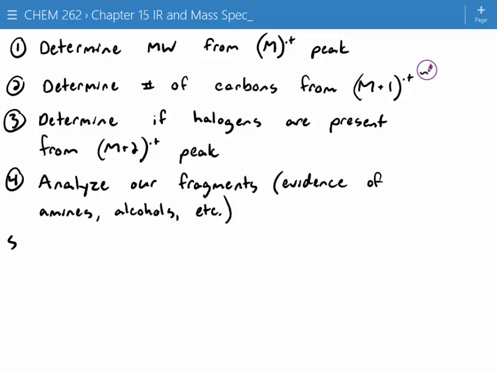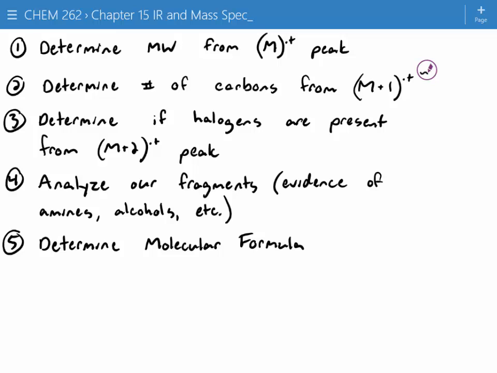The fifth thing you want to do is try to determine the molecular formula. Now we've got some really useful information. The first thing we start with is our number of carbons. We can figure out if there's an oxygen.